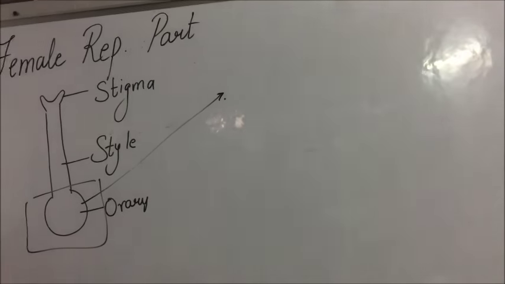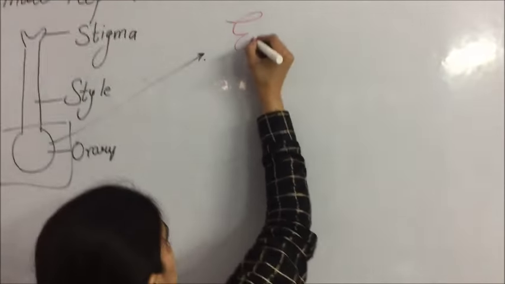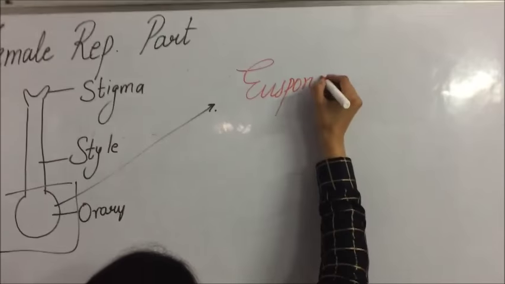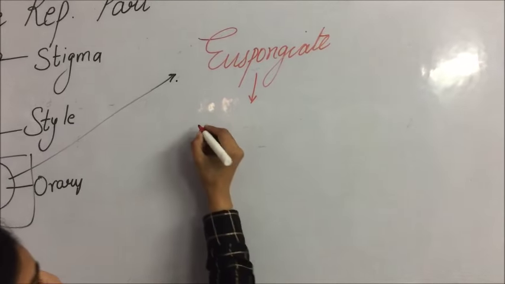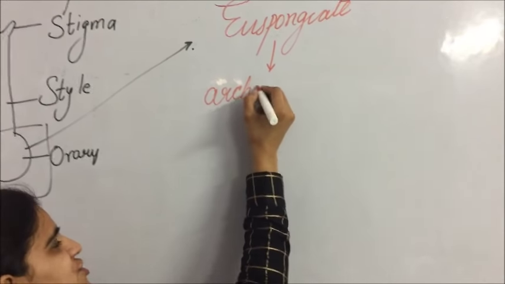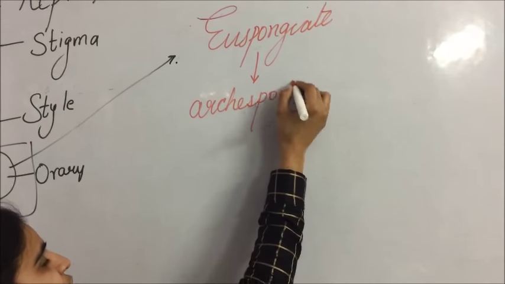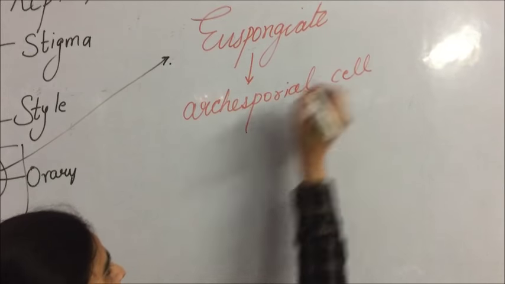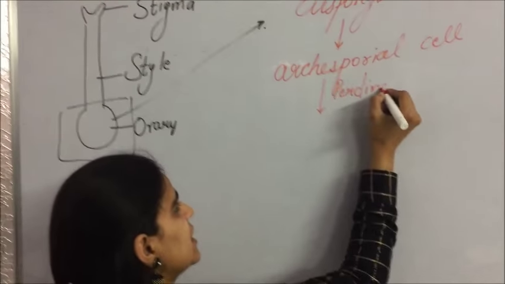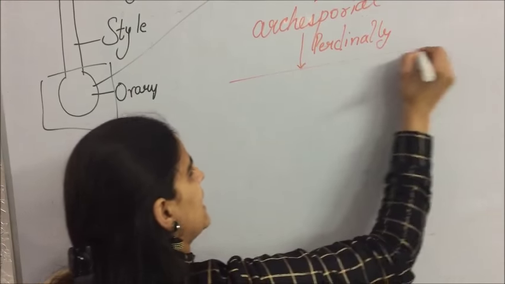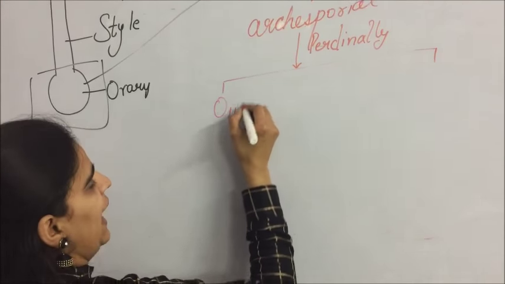Here it also starts as eusporangiate type. Now you will become familiar with the term eusporangiate: anything in biology which is formed from archesporial initials is known as eusporangiate type. It will also divide periclinally into 2 parts, outer and inner.